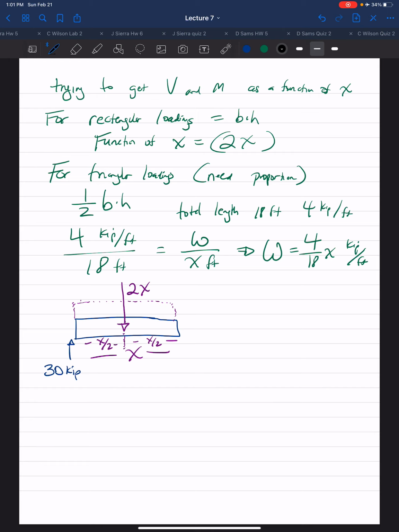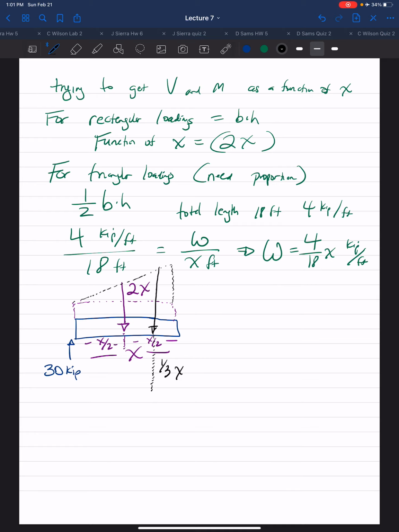For our triangular loading, this is applied a third from the large side, from the end.